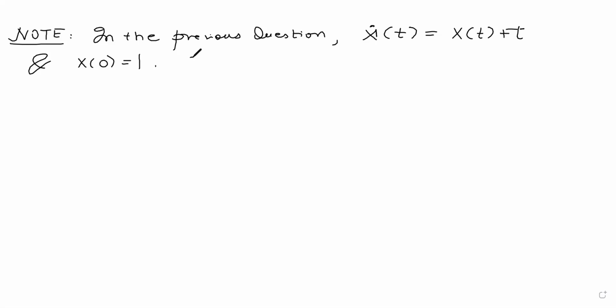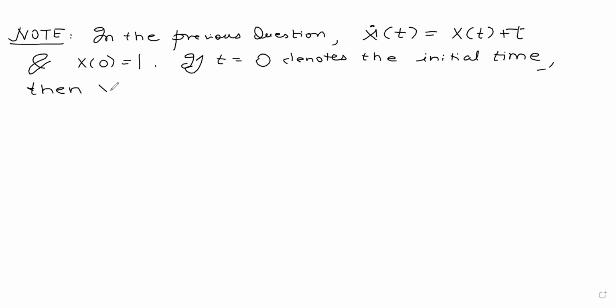If t equal to 0 denotes the initial time, then x of 0 equal to 1 is called the initial condition.